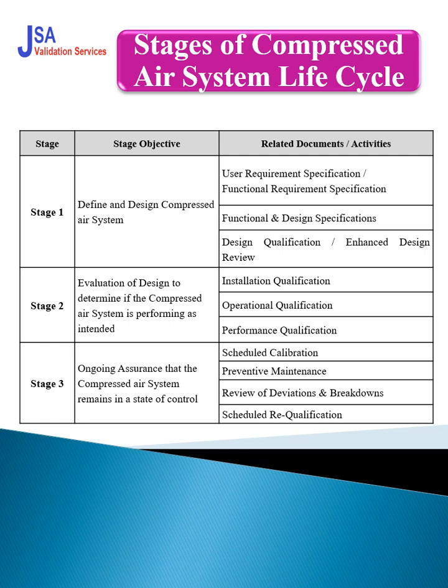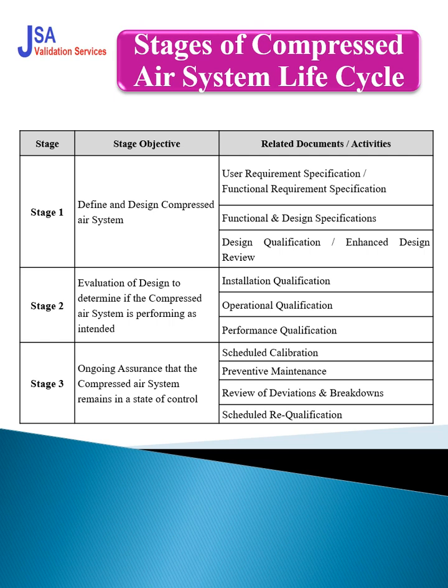This is the ongoing assurance of the compressed air system, that it will remain in the state of control. So for that we are using calibration of all the components of the compressed air system, stable calibration, and a preventive maintenance schedule.